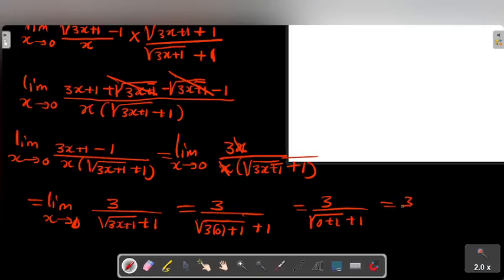So this would be 3 over root of 1 plus 1, which is 3 over 1 plus 1. So the answer is 3 over 2. So that's how you deal with such problems.